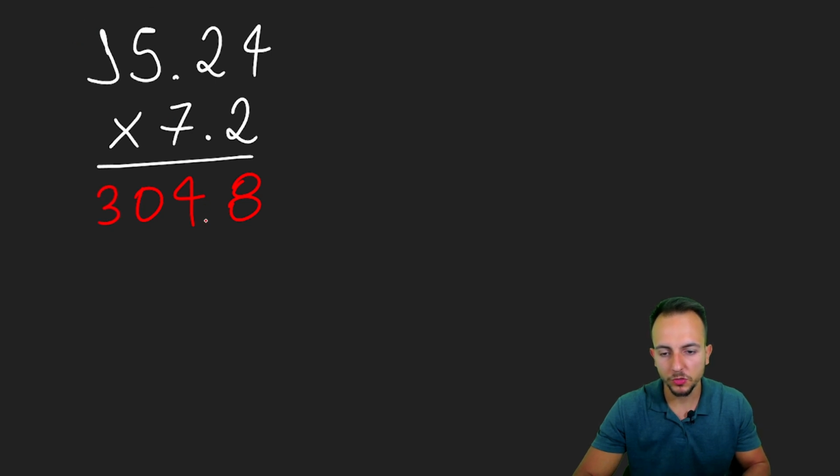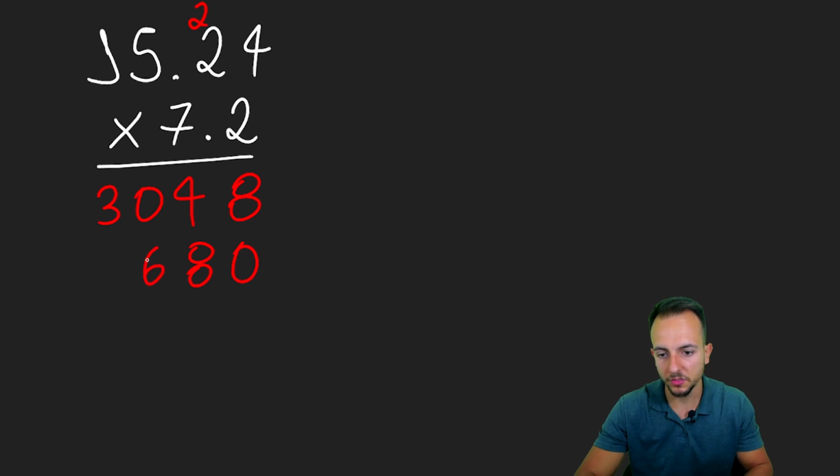And we can move on to the second row. And I can have either a plus sign right here, or a blank space, or a 0, let's say. Now we need to use the number 7, that is the number to the left of our rightmost digit. So 7 times 4 is going to be equal to 28. So here we're going to have 8, and here we're going to have 2. 7 times 2 is equal to 14, plus 2 is 16.